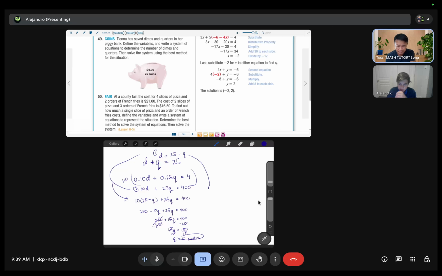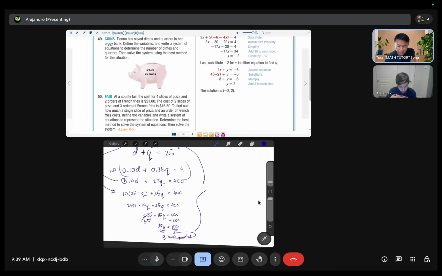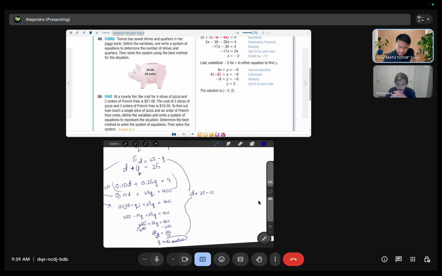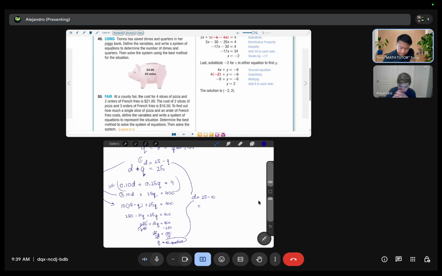So I would use this one. And this is going to be a common thing that you would do for word problems in the future. For algebra, no kidding, whether it's a system of equations or not, you look for something that's kind of straightforward. It's already there, especially in a system of equations. So D equals 25 minus 10. And that will give you 15 dimes.